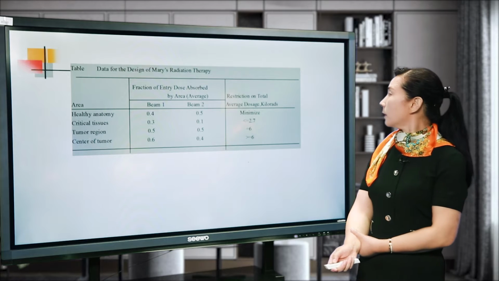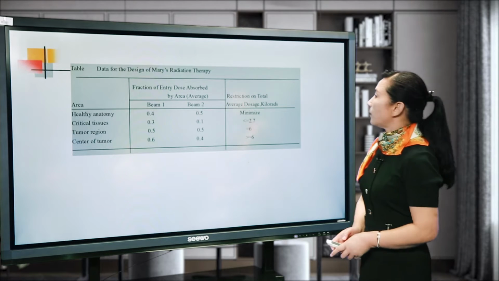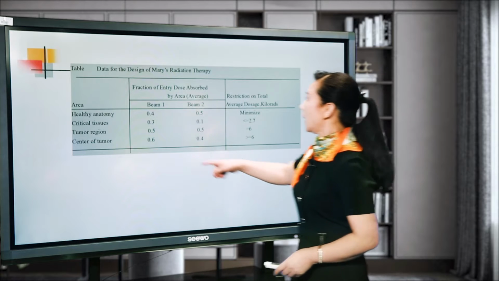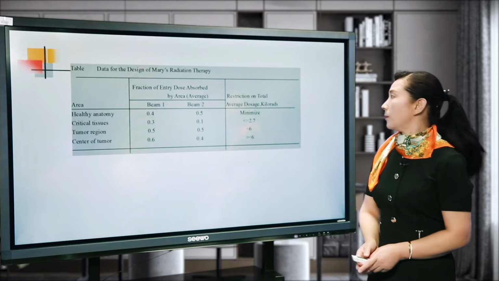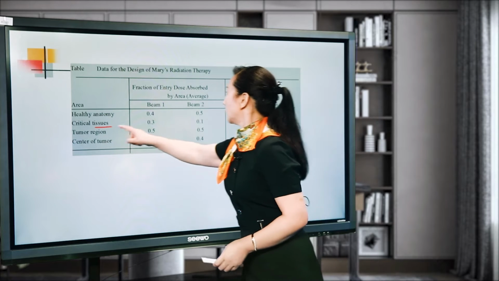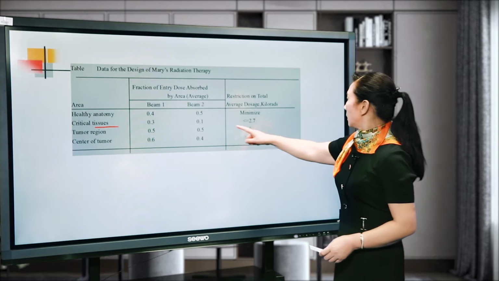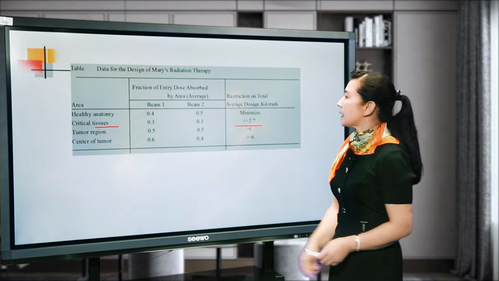And the information of this problem is listed in this table. We must keep the healthy anatomy, minimize the damage, and the critical tissue must be less than or equal to 2.7.